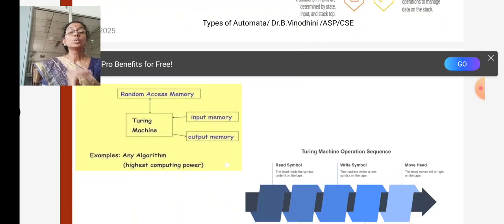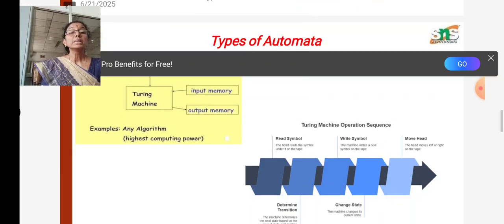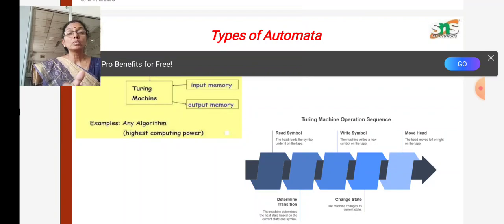Next is the Turing machine. The Turing machine requires RAM for implementing the process. We have an input and output, and also we have the memory as a random access memory to store the particular input to output process. An example is any algorithm that requires the highest computing power, where we use the Turing machine. In the Turing machine, the machine reads the symbol, writes the symbol, and also moves to the next cell.